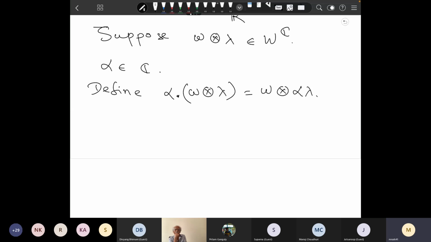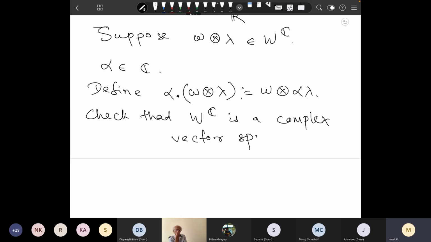With this scalar multiplication defined like this, check that WC is a complex vector space.